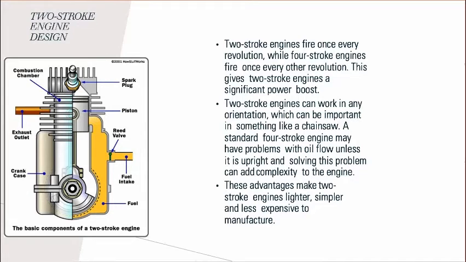Two-stroke engines can work in any orientation, which can be important in something like a chainsaw, and a standard four-stroke engine may have problems with oil flow unless it is upright, and solving this problem can add complexity to the engine. These are advantages that make two-stroke engines lighter, simpler, and less expensive to manufacture.